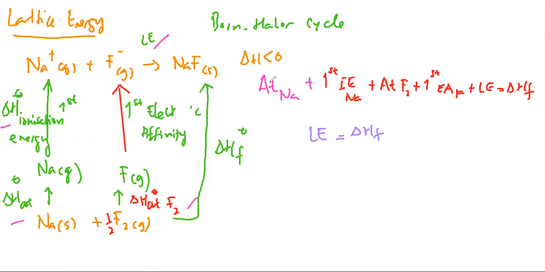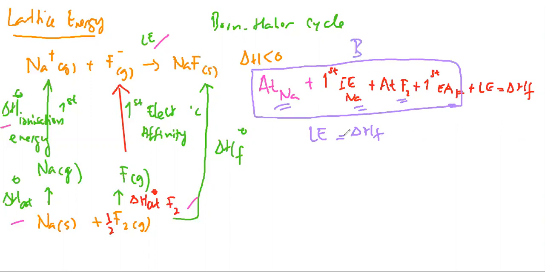Supposedly all of these values, the ones I put in purple color, let's say all of this is B. So lattice energy is basically delta HF minus B. Now you don't need to worry how you get these values, because oftentimes they will tell you the value of the atomization of Na and of F2, or you may need to use the data booklet to find the first electron affinity. The ionization energy of sodium is already written there, so you don't need to worry about it.